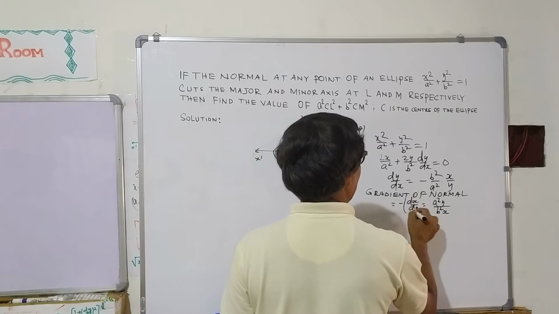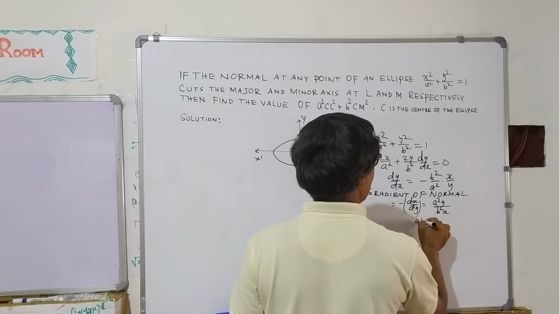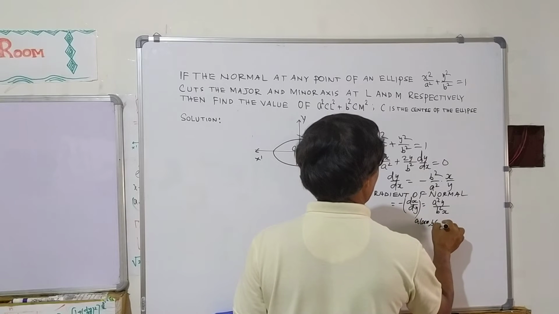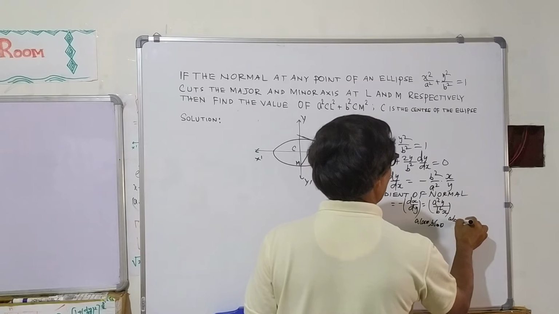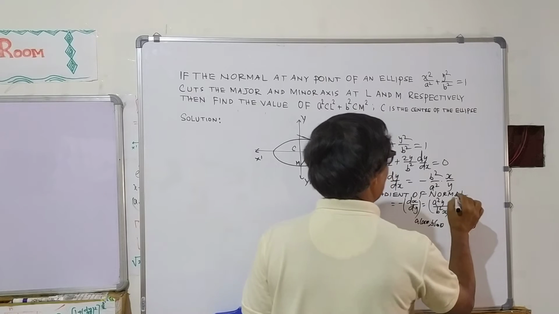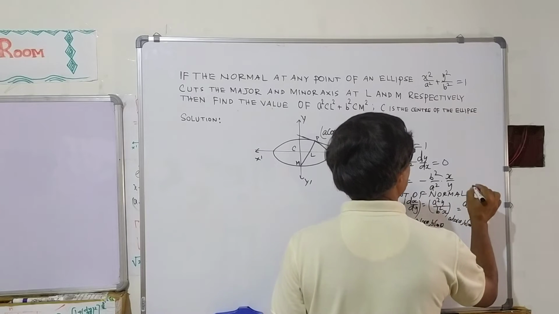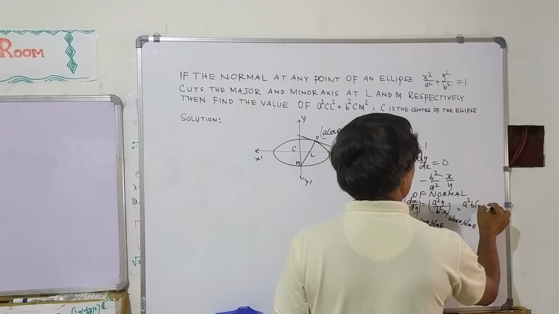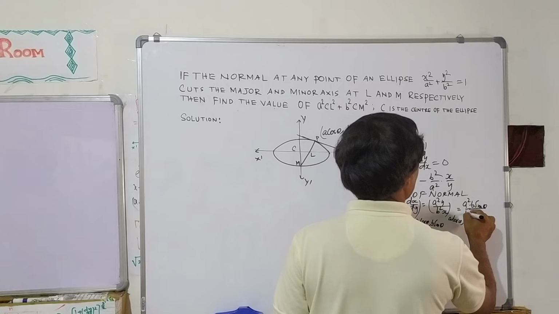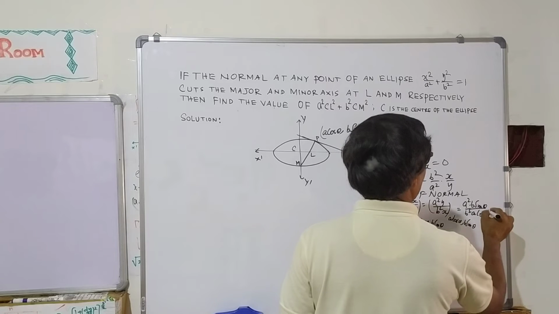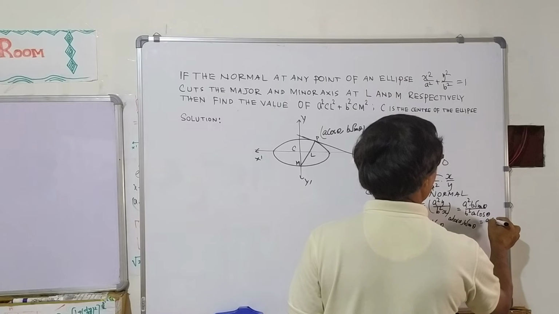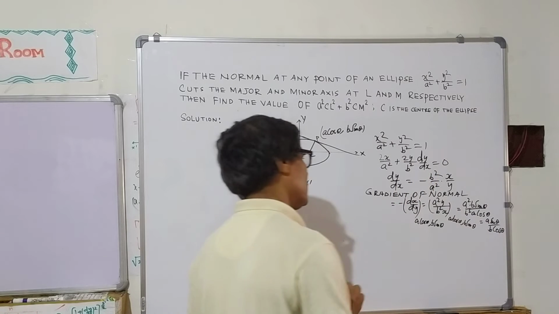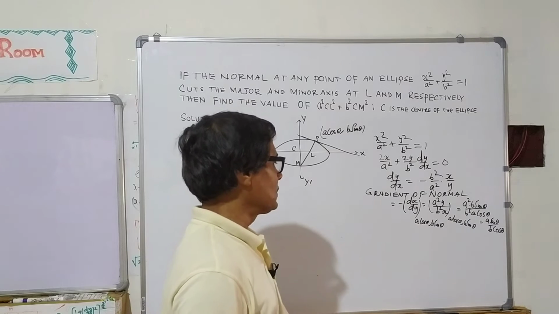Also, the gradient at a cos theta, b sin theta equals a square b sin theta over b square a cos theta, that is a sin theta over b cos theta. This is the gradient of the normal at a cos theta, b sin theta.